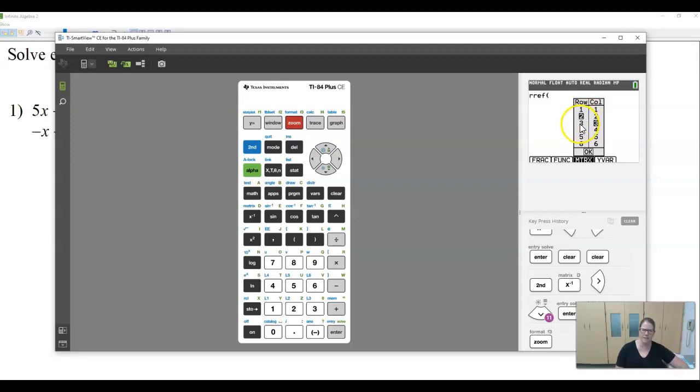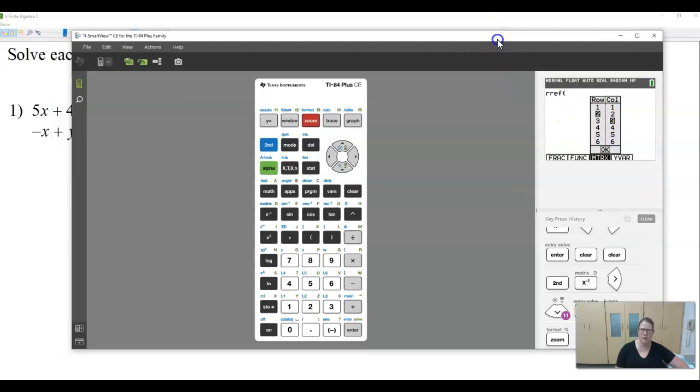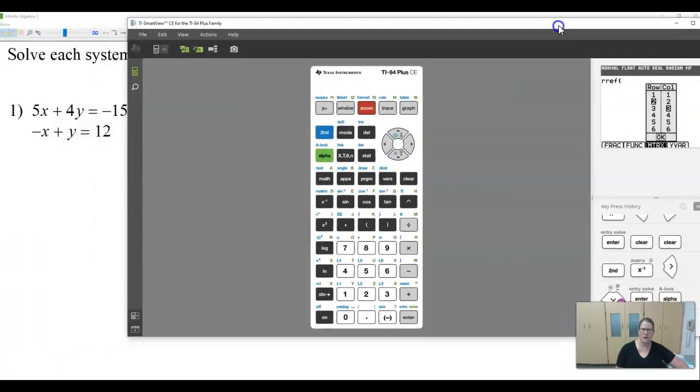So our system has 2 equations for number 1, right? We have that over here. So we need 2 rows because there's 2 equations. The columns is the number of numbers that come from each of our expressions, or it's the number of variables plus 1. So we have 1, 2, 3 columns, so we're going to put in a 2 by 3 matrix.